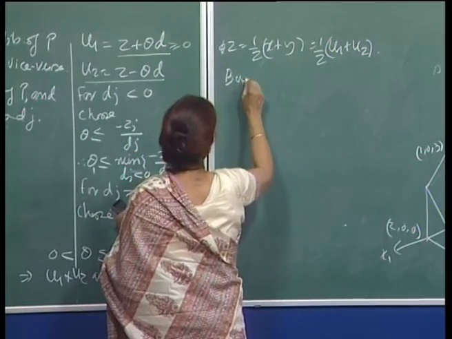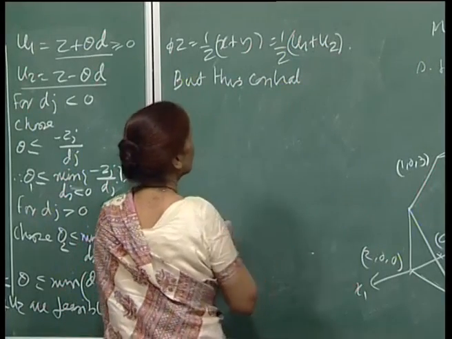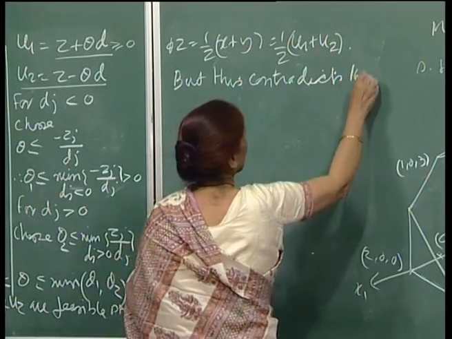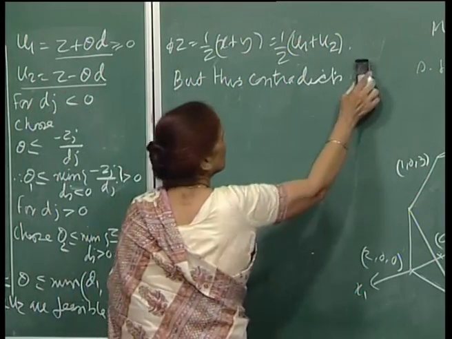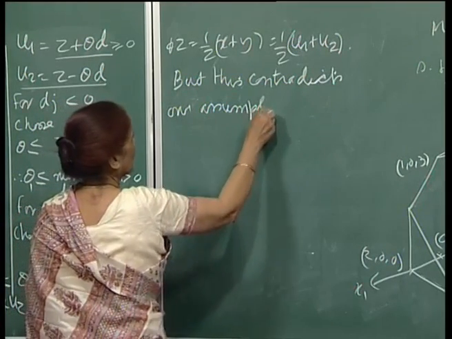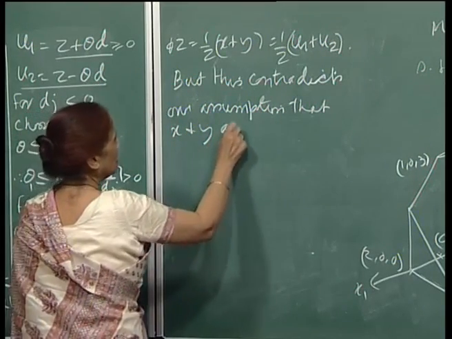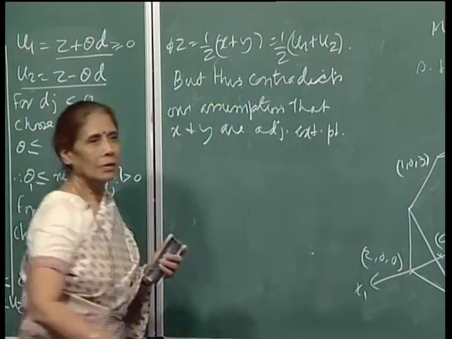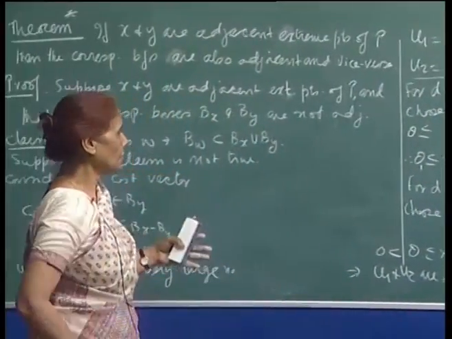But this contradicts our assumption that x and y are adjacent extreme points. So that shows it, and go through the proof again slowly to understand what we are actually doing.